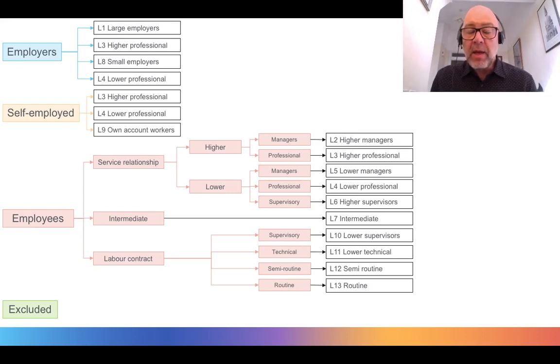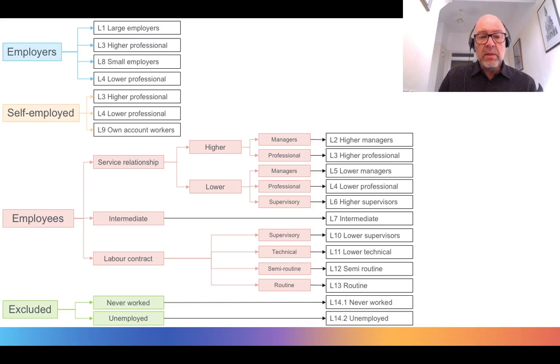So they go to L10, which is lower supervisors, and then there are technical occupations, lower technical occupations, higher technical occupations go in L9, and then there are semi-routine and routine occupations which go in L12 and 13. And sometimes you can operationalise for the NSSEC the never worked and the unemployed, which go to L14.